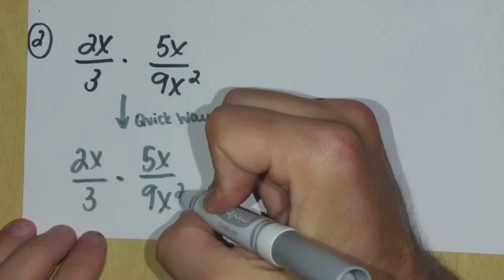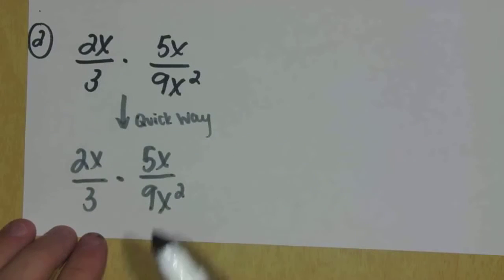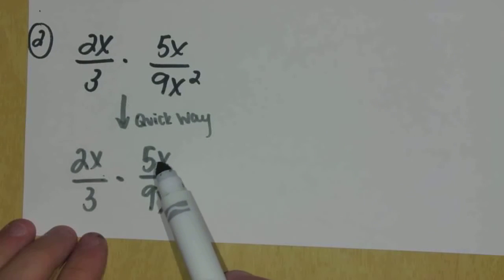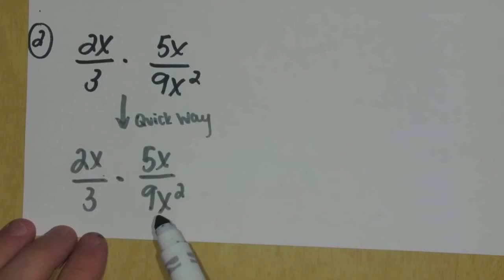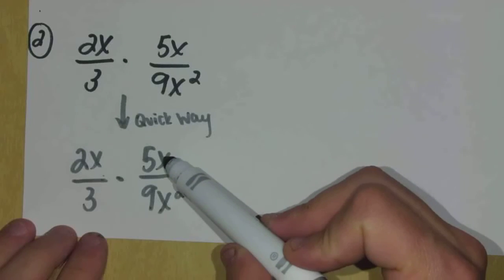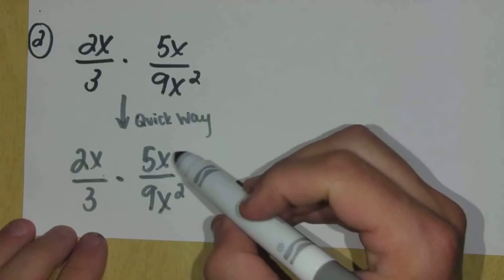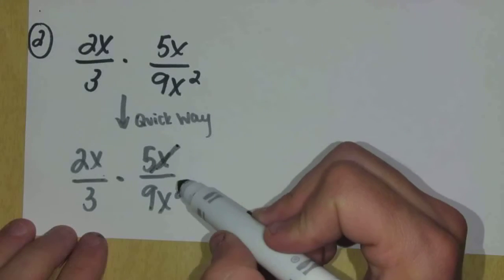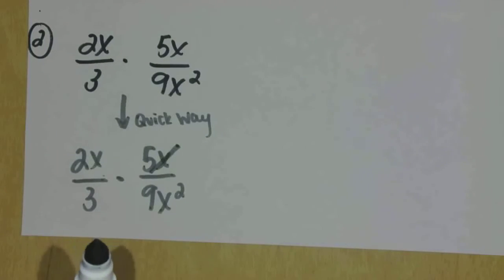But when I do this, I'm going to start to cancel some things. I know that x times x is x squared. I also know that if I had an x and I was dividing by x squared, this x would end up moving to the bottom. So I'm going to cancel that out. Now let me grab another color so you can really see this.